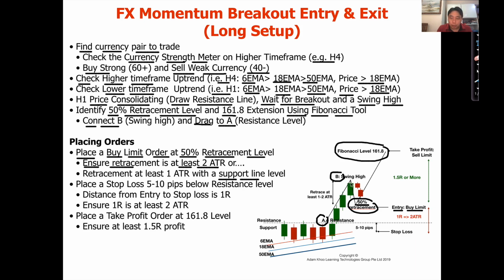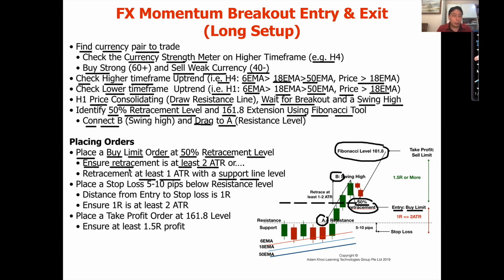In other words, when it retraces here, there should also be another level of support here, okay? And if there's a level of support here, then it doesn't have to be a 2 ATR retracement. It can be at least a 1 ATR retracement. Again, this will be explained on the charts in a while, okay?